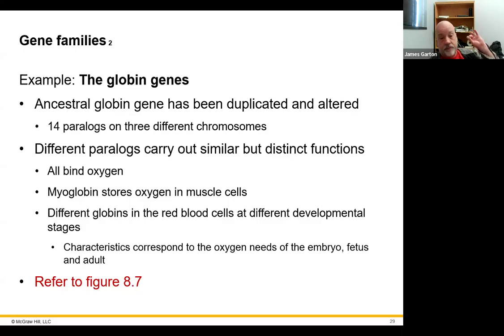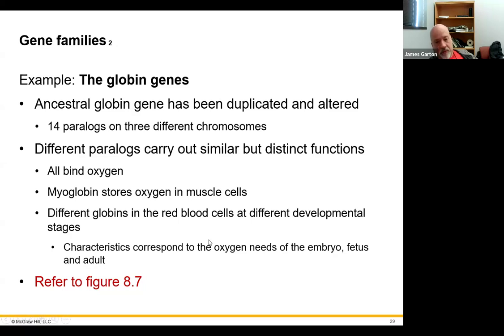And you have different kinds of hemoglobin. Another member of this family is myoglobin. Hemoglobin carries oxygen around in your blood. Myoglobin stores oxygen in your muscle cells. So when your muscle cells start contracting, when you start exercising, there is a slight store of oxygen within the cell itself.